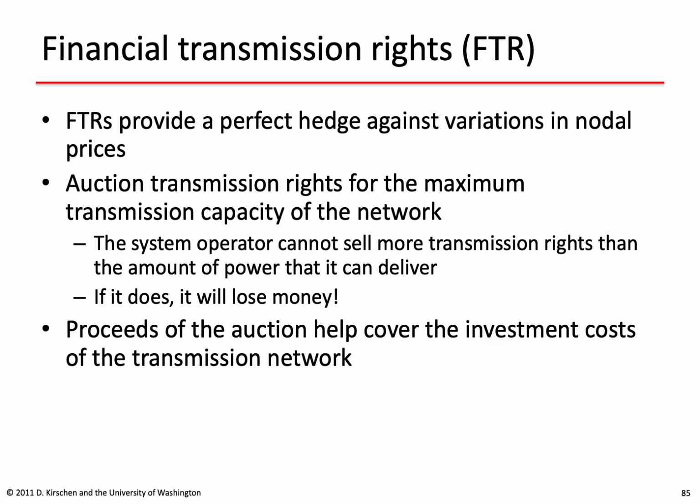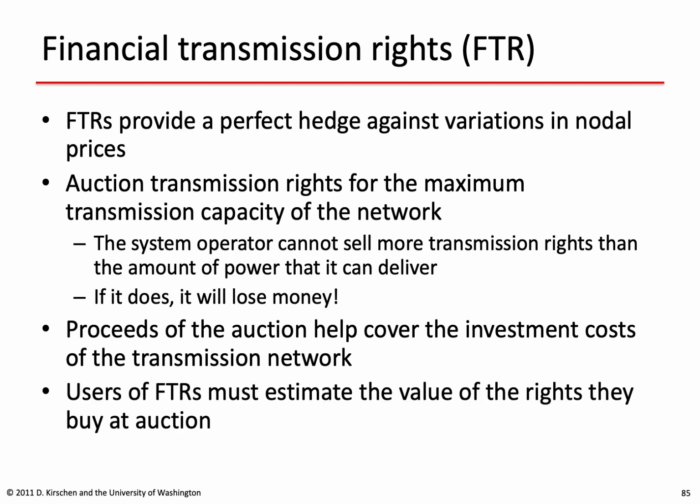Now, the proceeds from this auction will help cover the investment costs of the transmission network. And this auction does not give the system operator a perverse incentive to increase congestion because they have no bearing on the amount of congestion that's going to happen. However, on the user side, they have to estimate the value of these transmission rights that they buy at auction.